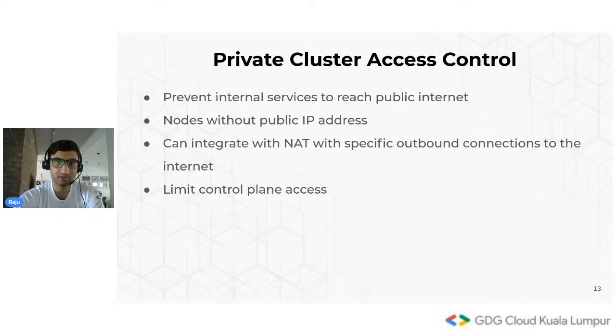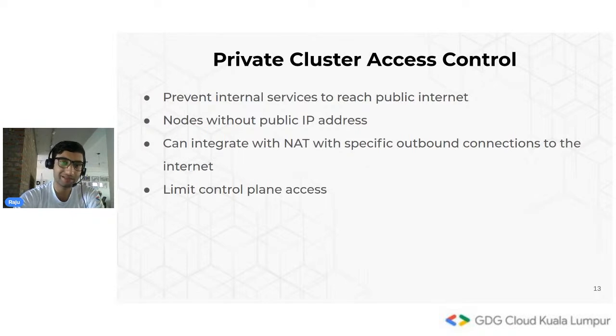If we are doing data processing, I don't think that needs external things, right? So the benefit of a private cluster is, if something is compromised, there is no way for that traffic to get outside of our perimeter, and even for getting inside the cluster. That provides a lot more security. So this is one of the important things that needs to be considered while creating a production level cluster.